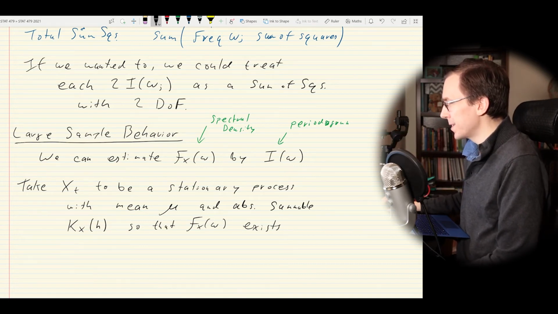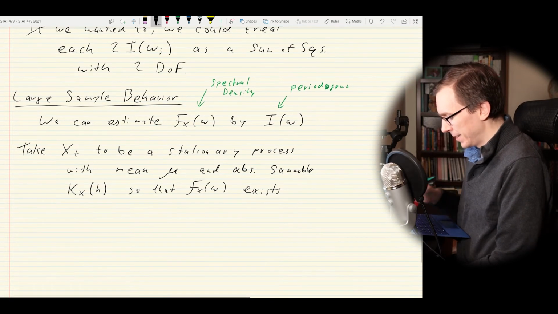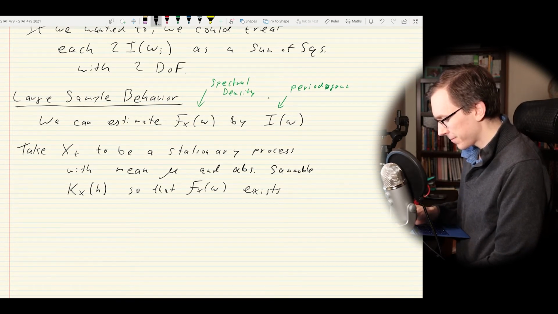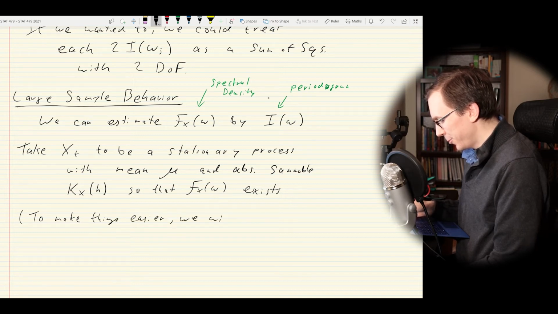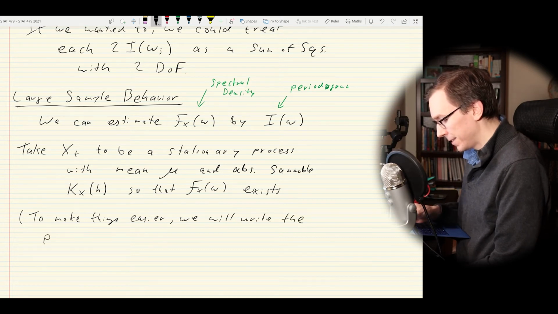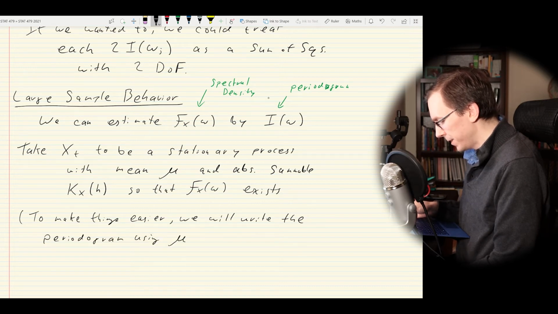Oh yes, and what we're going to do, to make things easier, is write the periodogram using mu instead of x bar.